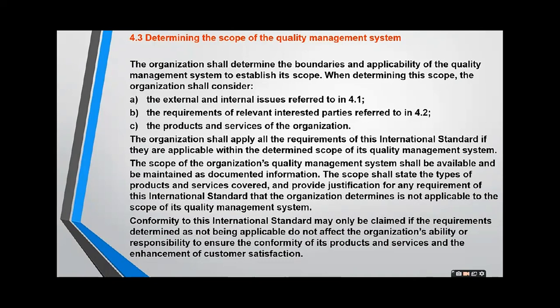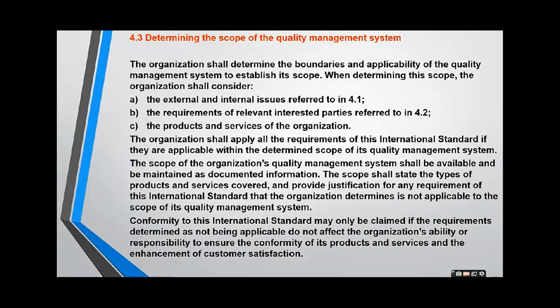What does it mean? See, what is a scope? Let's define the scope first of all. The scope should clearly define the boundaries and applicability of your quality management system, like what processes and activities are included. So you will make a detailed list of the processes and activities that are included.